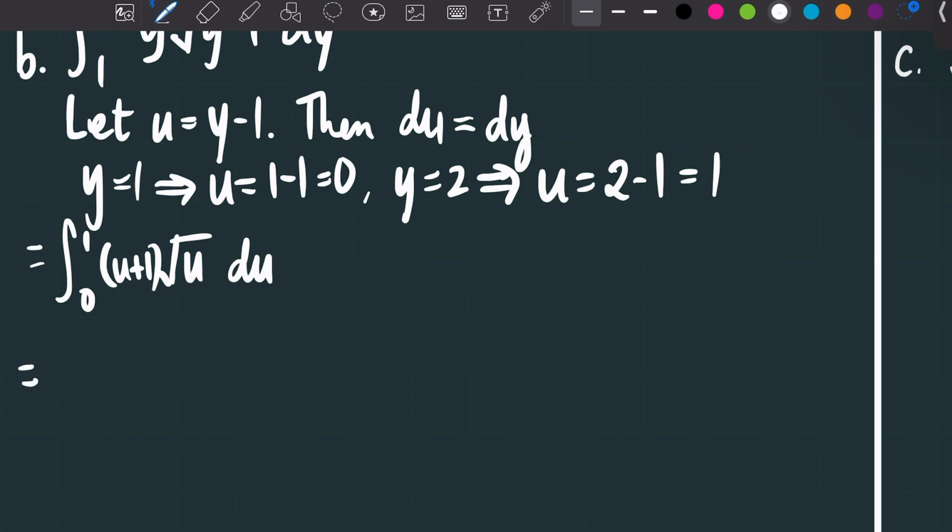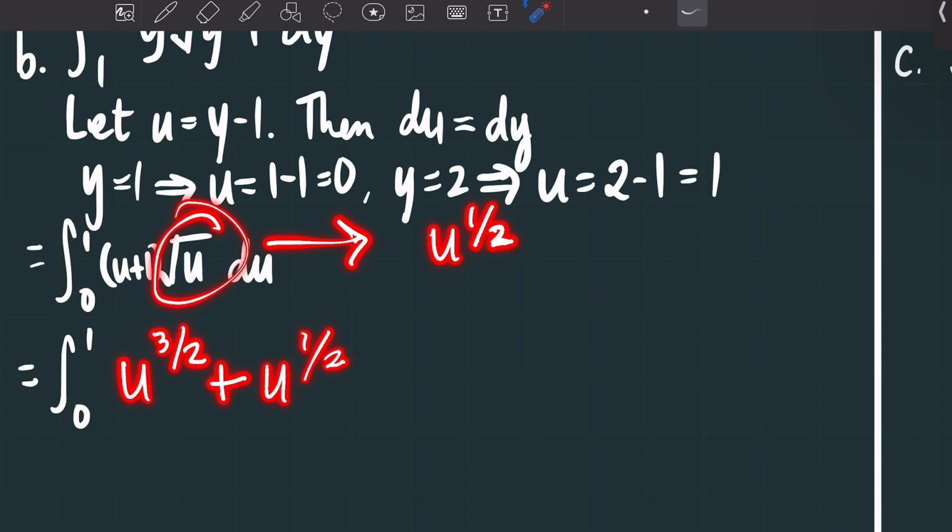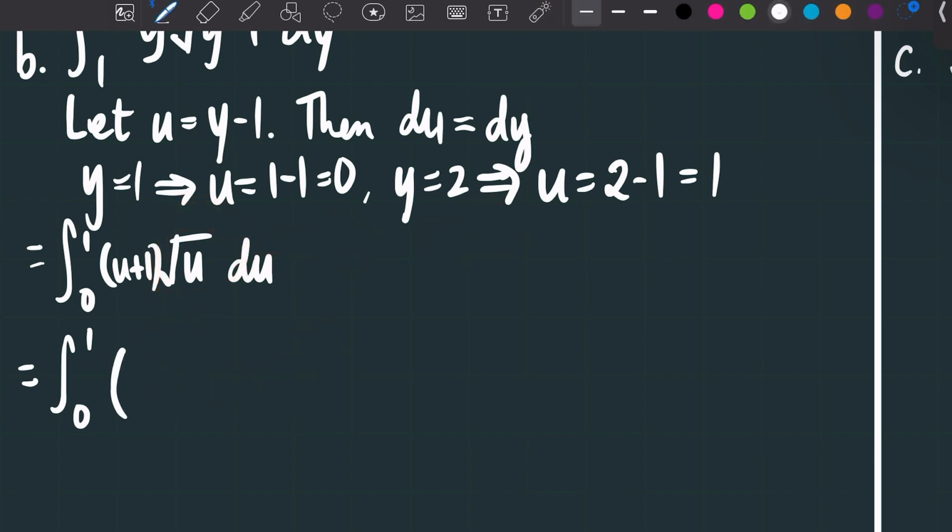And if we expand this one, we get here 0 to 1 of, so yung square root of u, this is just the same as u raised to 1 half. So u times u raised to 1 half would give us u raised to 3 halves. Tapos 1 times square root of u is u raised to 1 half. So that becomes u raised to 3 over 2 plus u raised to 1 over 2 du.